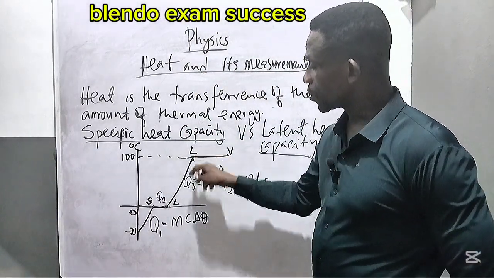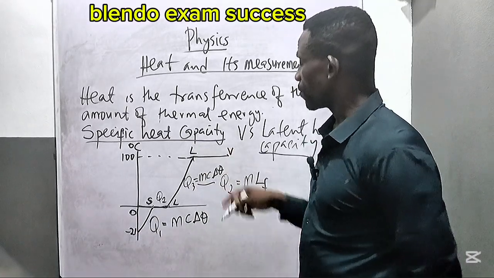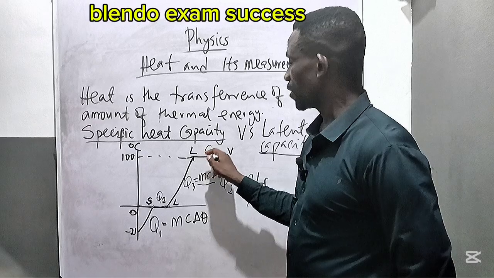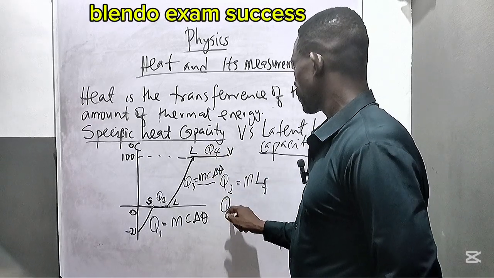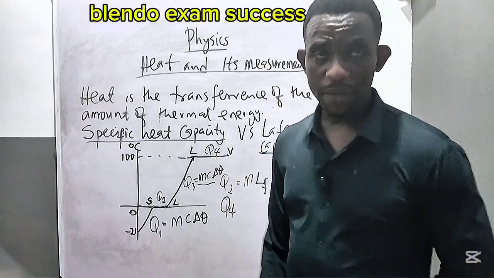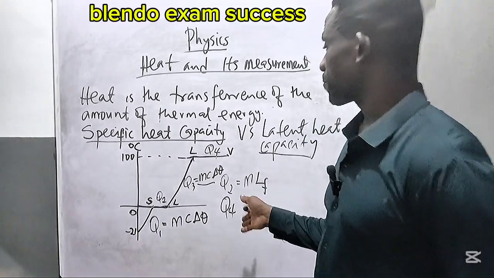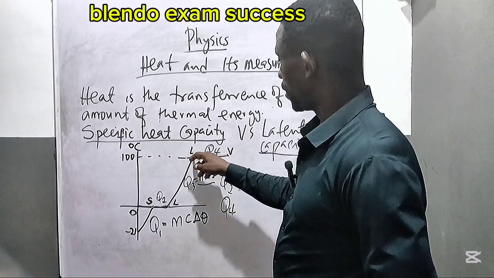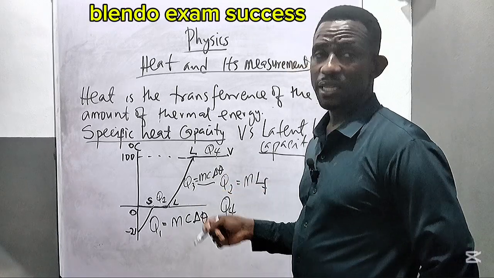Now, we get to the vapor phase, liquid to vapor phase. At this point, you call it Q4. For Q4, the temperature is also constant. That is the boiling point of water, 100 degrees Celsius. And at this point, the liquid is gradually turned into vapor at constant temperature.